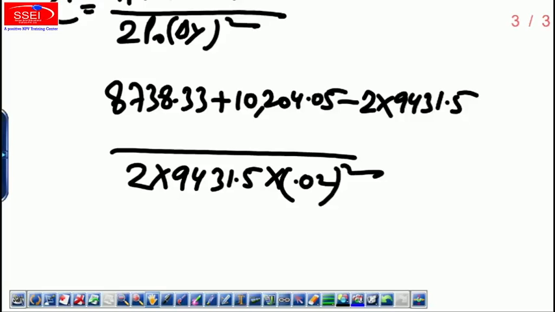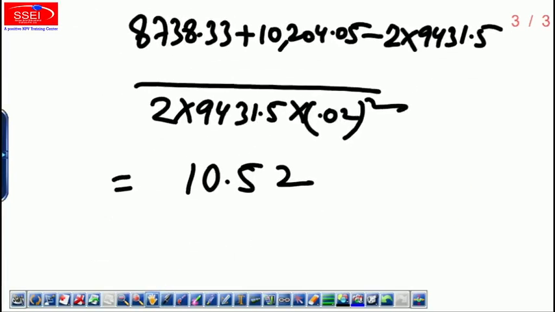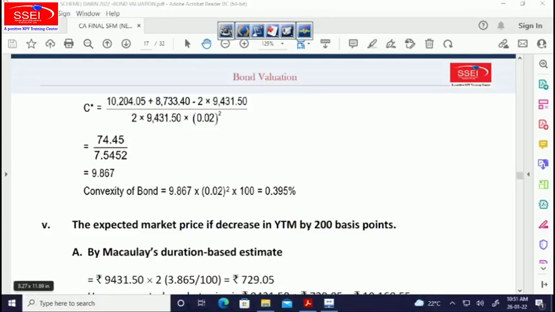Don't make a mistake in the denominator. It's 0.02 square into this. It's coming to 10.52. I am getting 10.52. The institute is getting 9.867 because they got 8733 in the numerator, corresponding to 12% YTM.